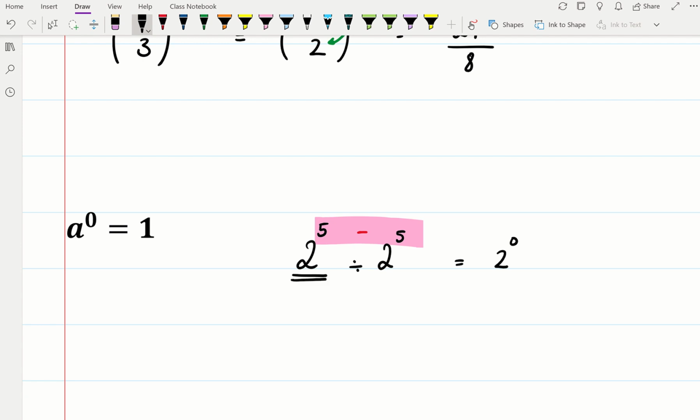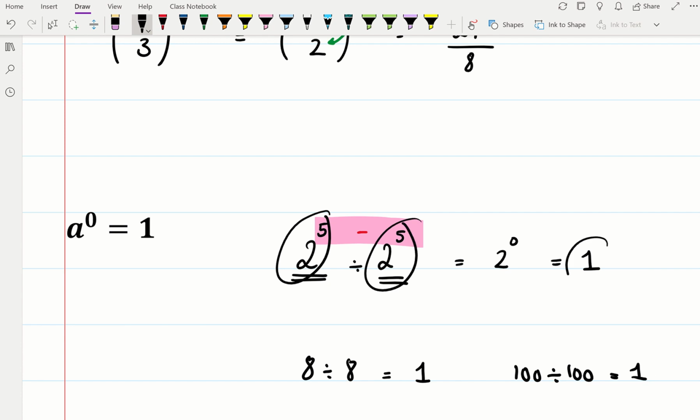I've got something divided by itself. Anything divided by itself is 1. 8 divided by 8. How many times does 8 go into 8? Once. 100 divided by 100 is 1. Anything divided by itself is 1. And that's why a to the power of 0 is always 1.